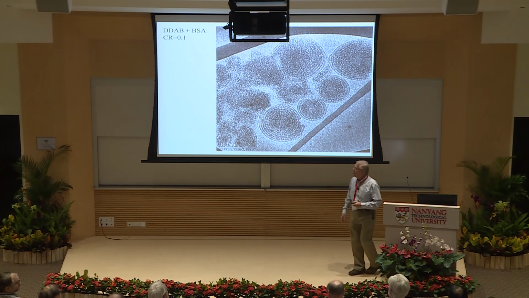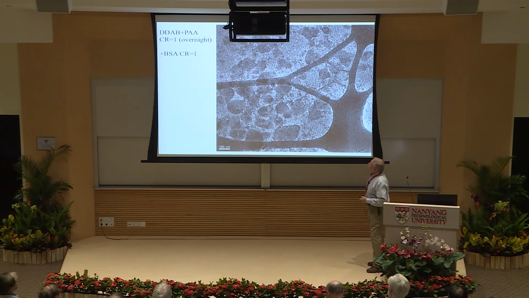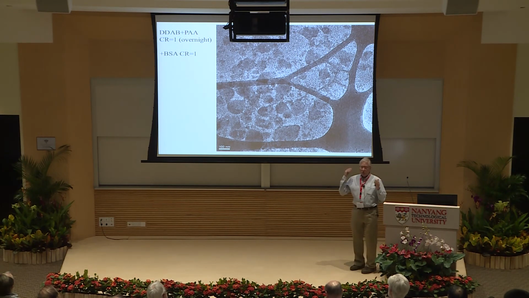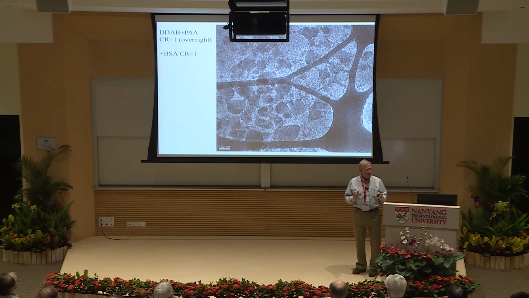So we gave it a try, and sure enough, when you take DDAB plus PAA and incubate it overnight, you know already from the first part of the talk that it gives a very nice lamellar structure, and then you combine it with BSA for just a few minutes, you see that your entire structure is now destroyed.